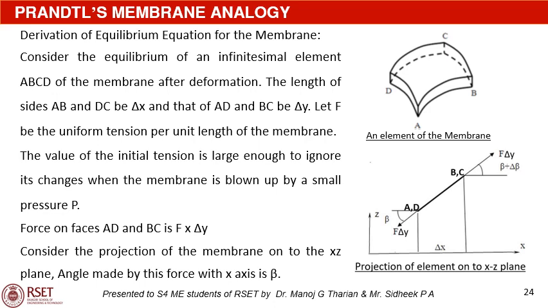Let capital F be the uniform tension per unit length of the membrane. The value of the initial tension is very large. Even though the tension changes when the membrane is blown up by a small pressure P, this change in tension can be ignored as it is very small as compared to the value of the initial tension.